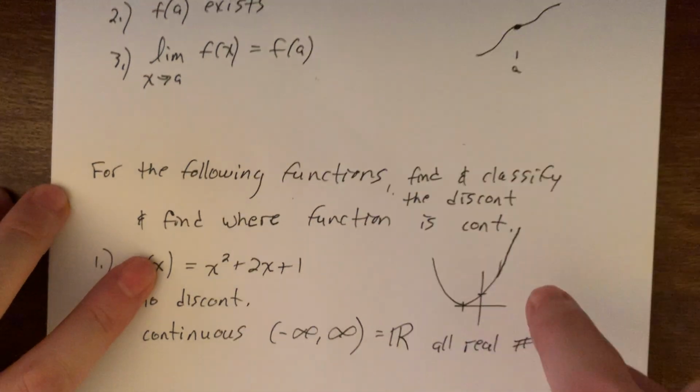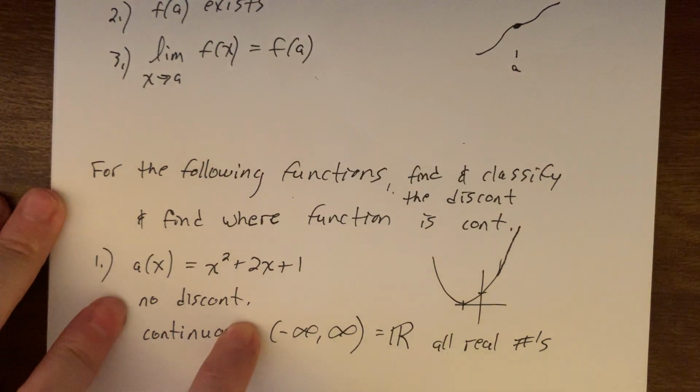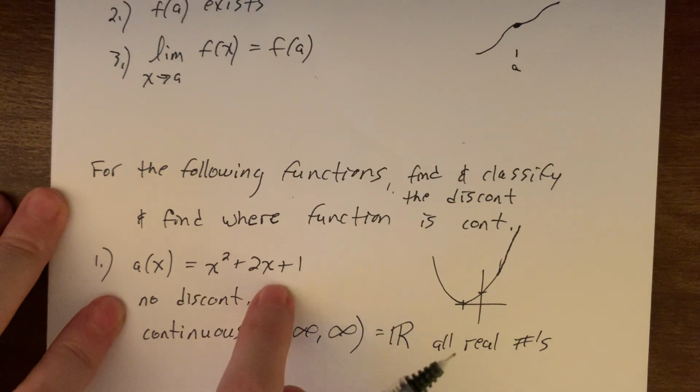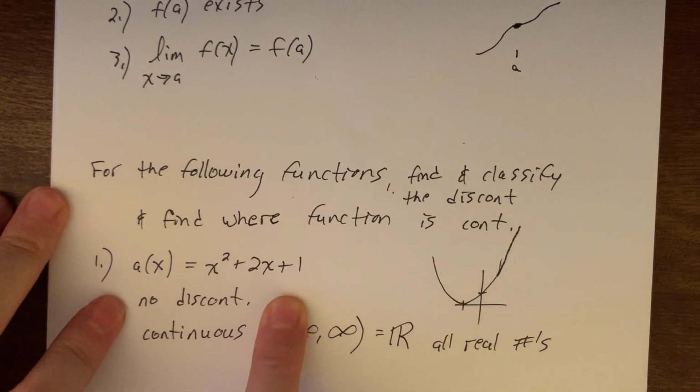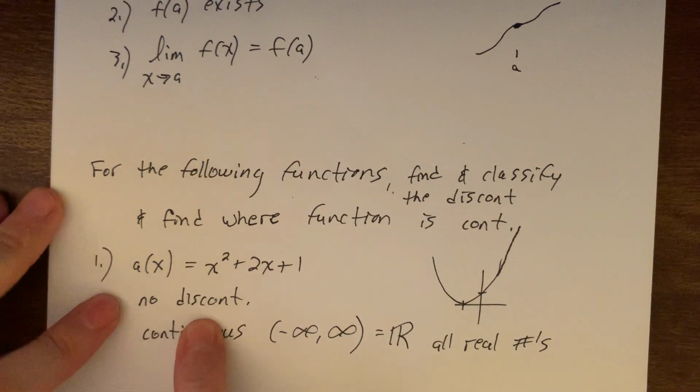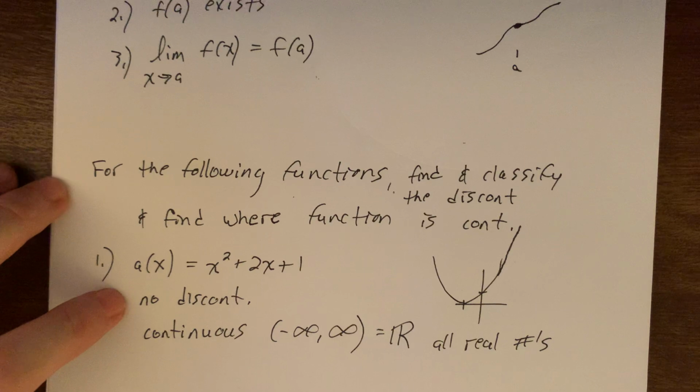So without the graph, that could equally lead me to here. No discontinuities because this function has no trouble. Trouble is dividing by zero, and piecewise functions, which we're going to have to come back and discuss a little bit. But in a regular function that's not piecewise, we're thinking about dividing by zero. We don't have that issue here, no discontinuities, therefore continuous everywhere.